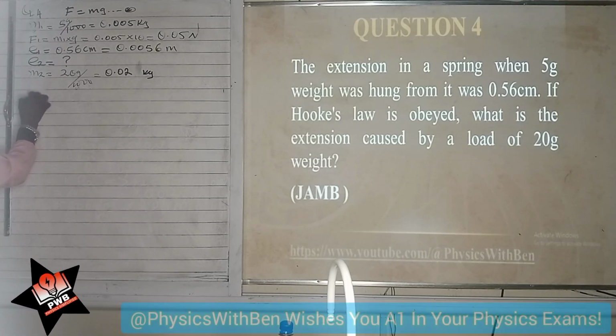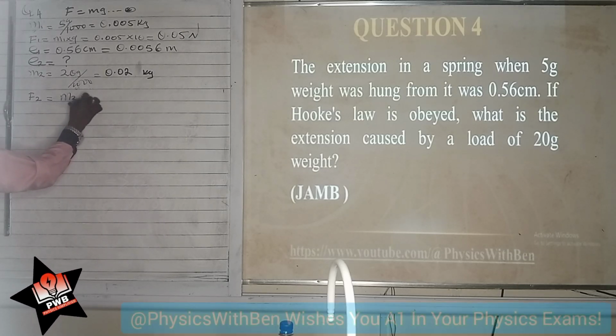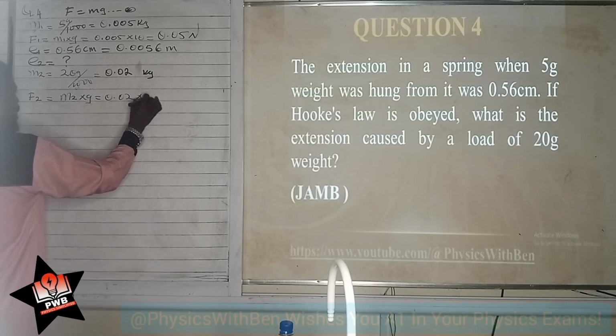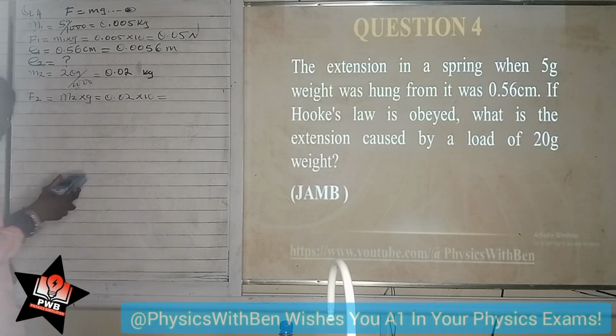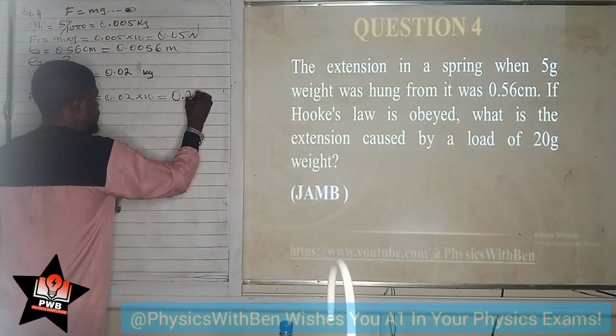So our F2 is m2 times gravity, that is 0.02 times 10. If you do that correctly, you are going to have 0.2 Newton.